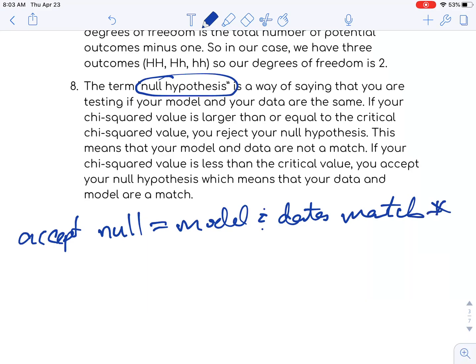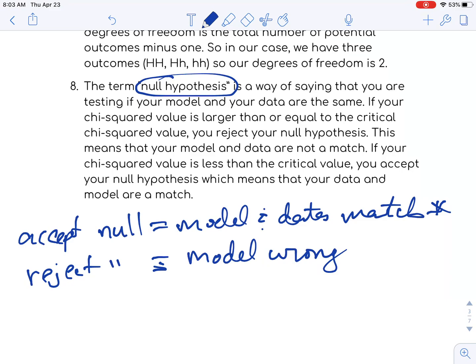So we're looking for accepting the null hypothesis, and I'll show you how to do that in just a second. And if we're rejecting the null hypothesis, that means that our model is not right. Our model is wrong. So in this case, if we picked simple Mendelian inheritance, that would mean that if we were looking at actual data, it's not matching simple Mendelian inheritance, and then we have to go back and revise our null hypothesis and change the model.